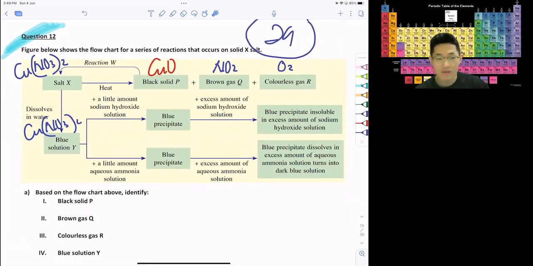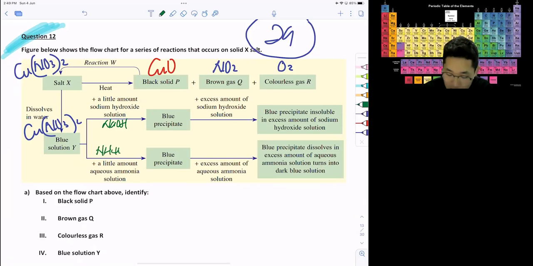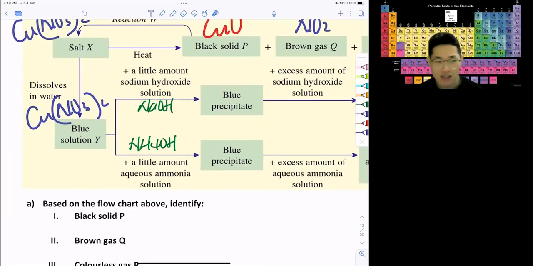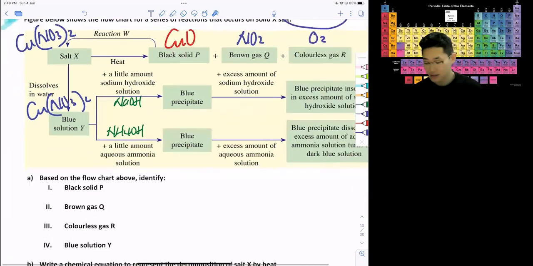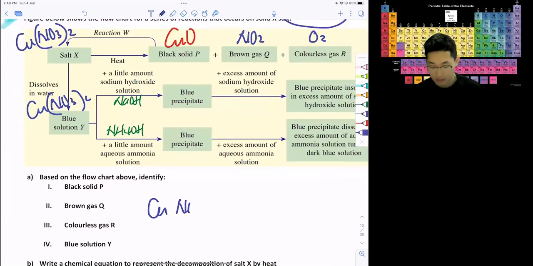Okay, see, this one is very important, because we're going to do the ion test now. You see, add NaOH solution and also ammonia solution. And then they get blue precipitate. What is the blue precipitate actually? When I do an equation with any of the solutions here, this is what I will be getting.